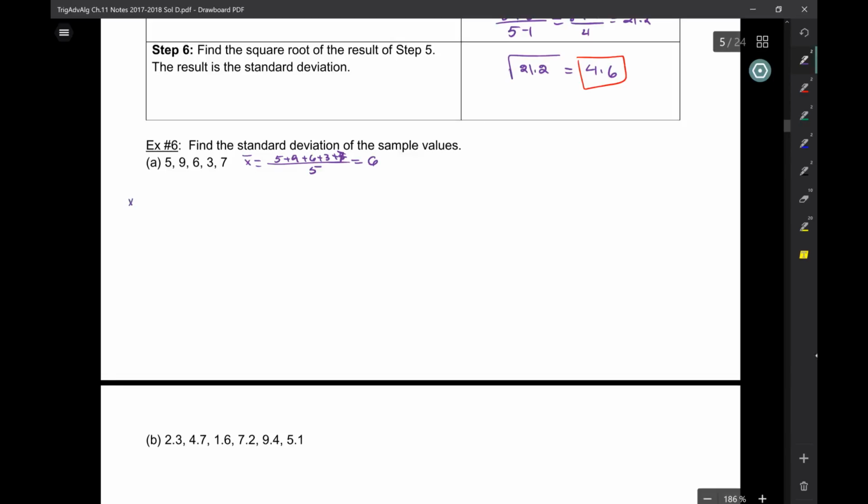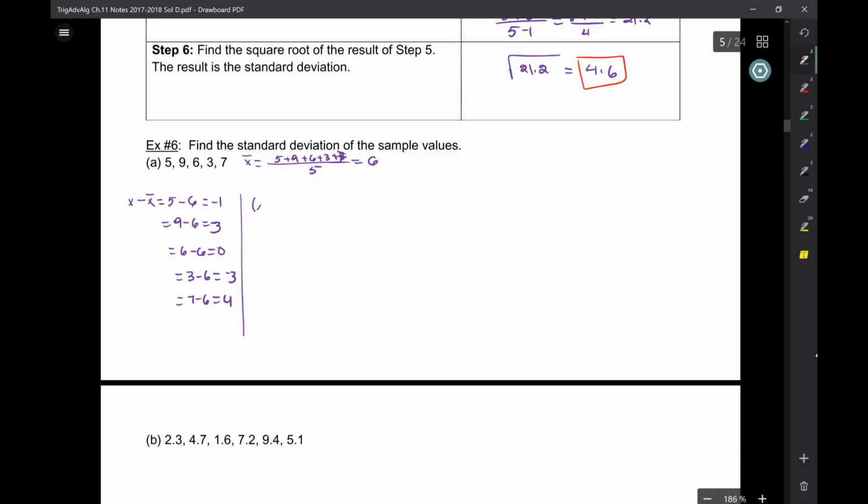So now, x minus x bar is going to be 5 minus 6, 9 minus 6, 6 minus 6, 3 minus 6, 7 minus 6 is 1.